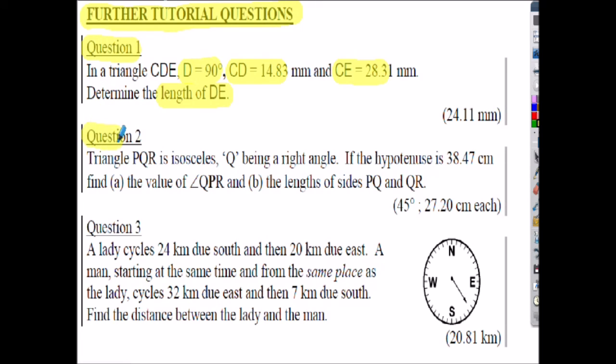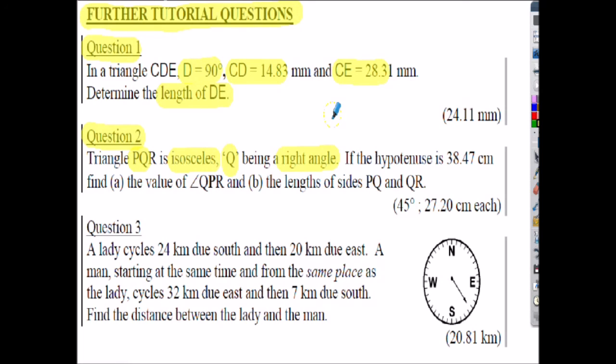Question 2 is fairly straightforward, but it's confusing the way it's written. Triangle PQR is an isosceles triangle, so be careful, we defined that a few slides previously, where Q is a right angle. Now what confuses students in this particular question is they're not used to an isosceles triangle having a right angle in it, but this one does. So you need to sketch that appropriately.